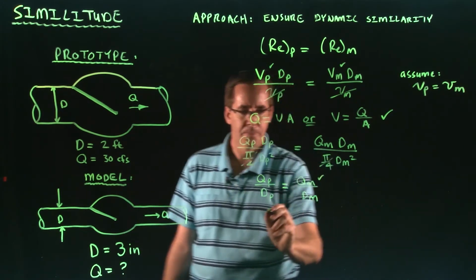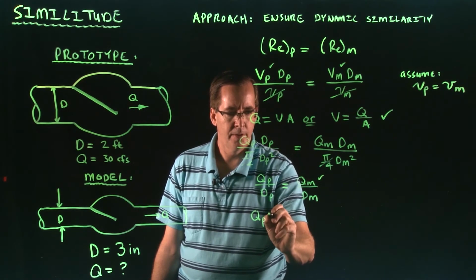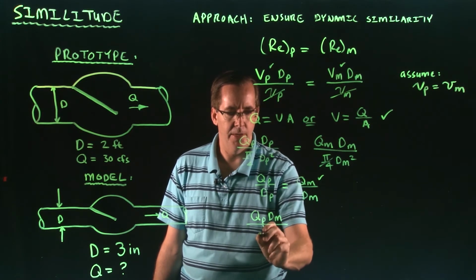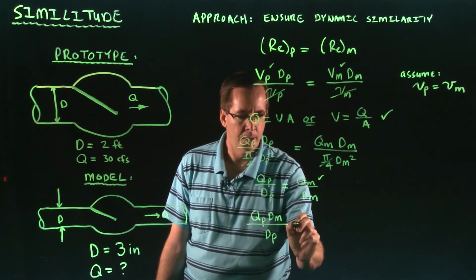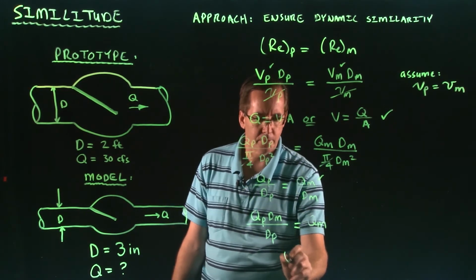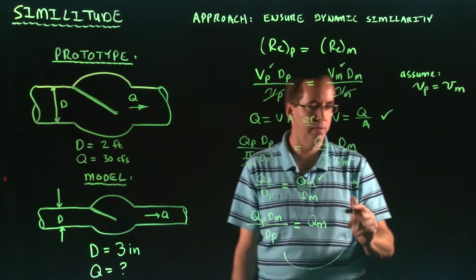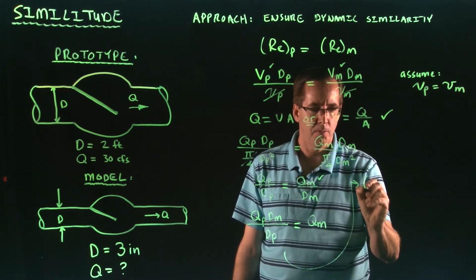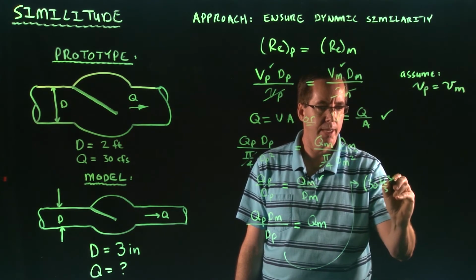So this gives us the flow going through the prototype times the diameter of the check valve for the model divided by the diameter of the check valve for the prototype is equal to the flow going through the model. I'm just going to go up here and work up here where I have for my substitutions. So for my flow going through the prototype, we've got 30 cubic feet per second.